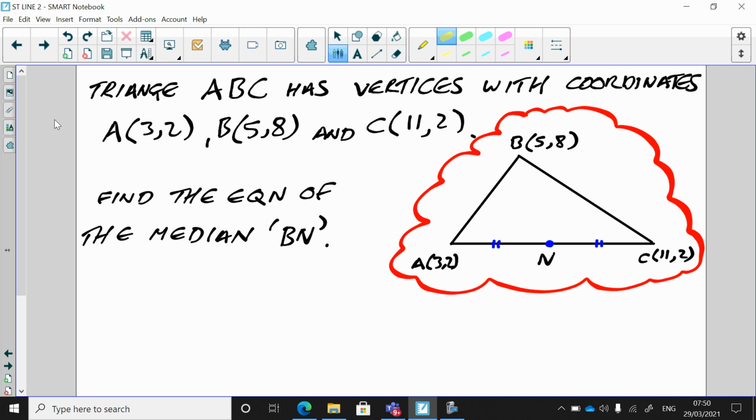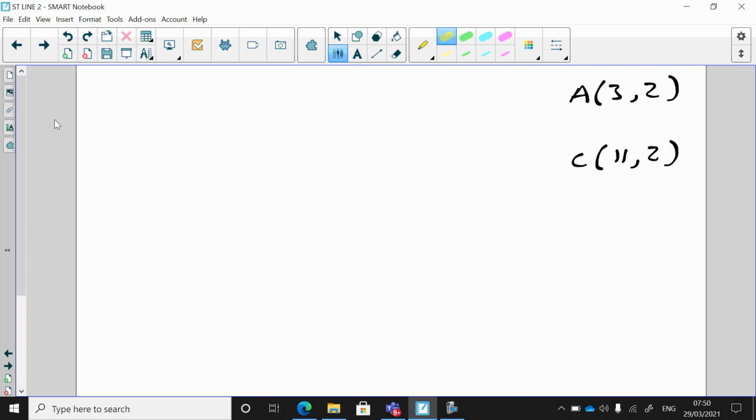We've got the coordinates of B, so we're going to have to go and find the coordinates of N. The thing about N, it's the midpoint of AC, and we have the coordinates here. So midpoint, we have the endpoints. We've seen in the past we had something called the midpoint formula, so we could go and use this. So N is between A and C. We'll go and find N, the midpoint.